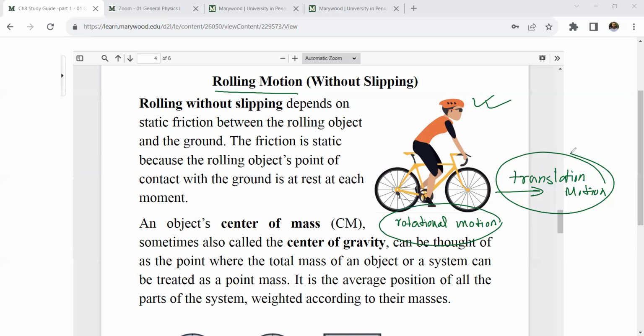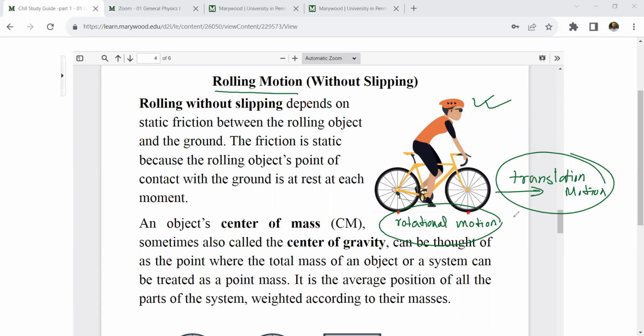But to have rolling motion without slipping, there should be sufficient static friction between the contact point of the wheel and the ground. If the static friction between the wheel and the ground is not enough, then it will not be rolling motion, it will be something else, it will be sliding.